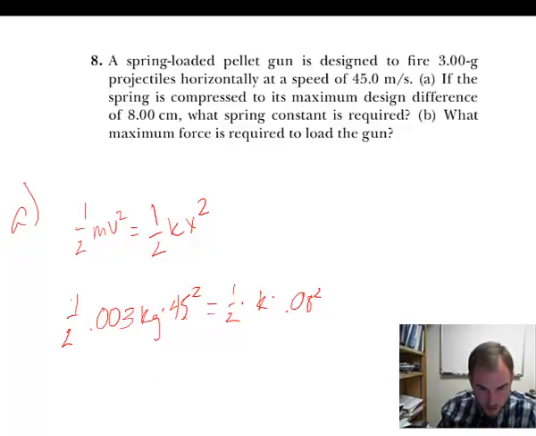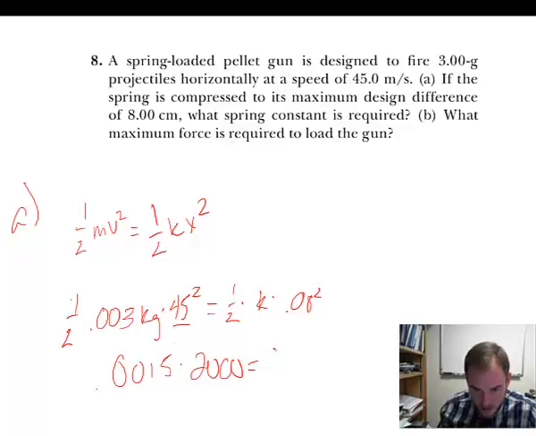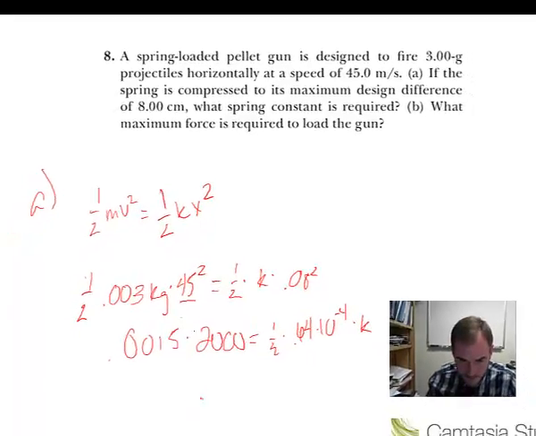Oh goodness, so 40 times 50 is what we've got to do right there. This will be 0.0015. 40 times 50 is 20 with 2 more zeros. 0.08 squared is going to be, that's a half by the way, 64, not 0.64, so 64 times 10 to the negative 4th times k.